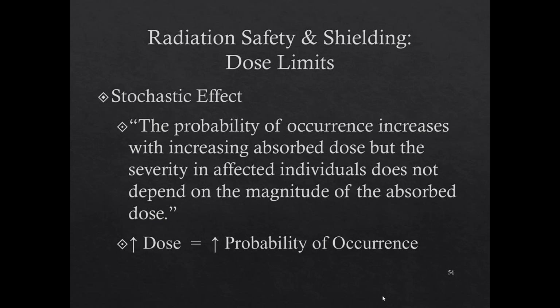In short terms, as you increase the dose, you increase the probability of the occurrence. An example of this would be cancer. So the incidence of cancer, the probability of its occurrence, will increase as you increase the dose.